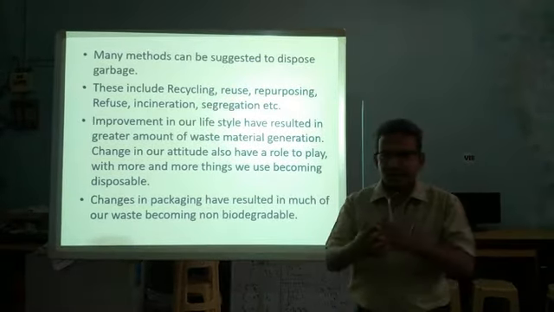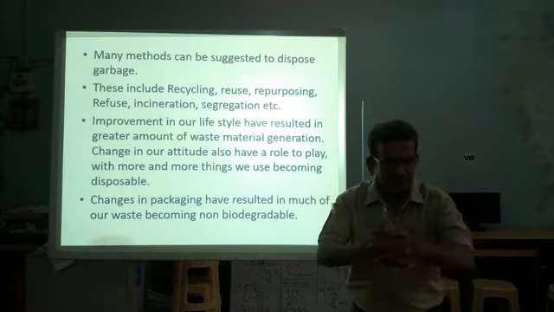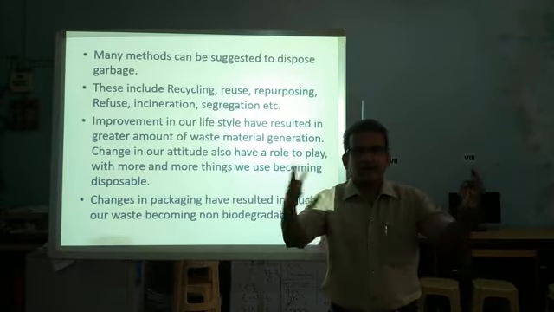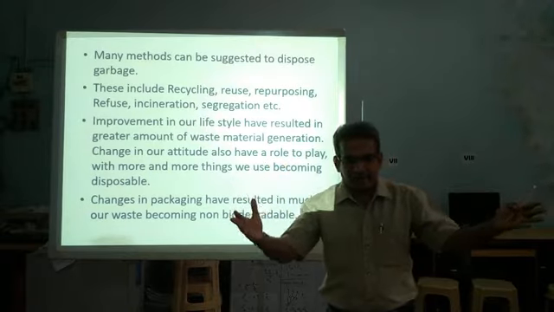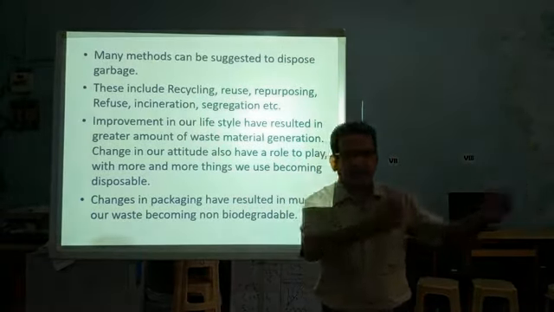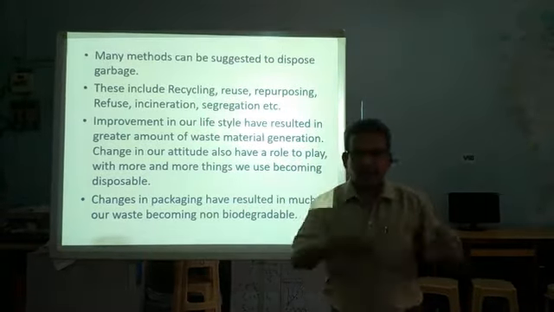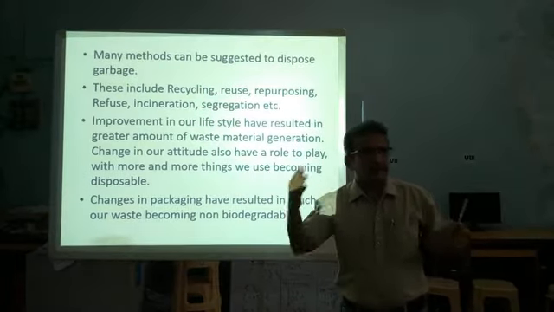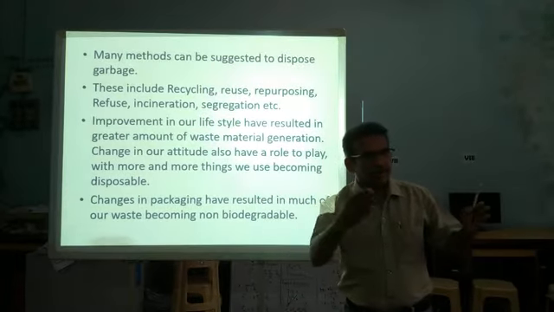Instead of putting everything together in a single pit, we can separate it. We can see a step for this segregation in railway stations and other public places. There are different bins, red, blue, and green colored.